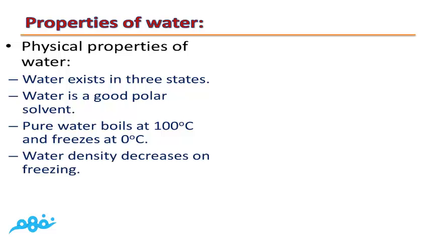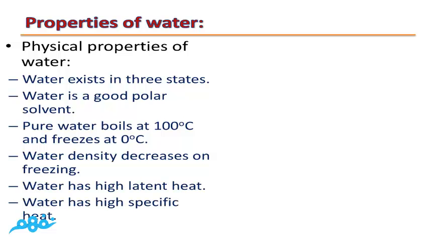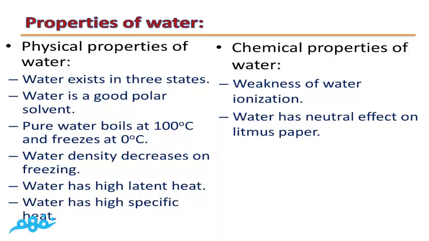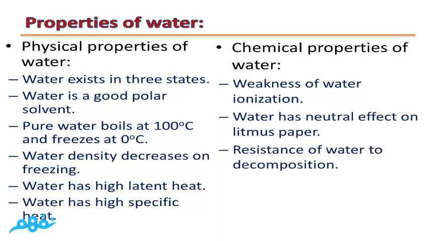Water density decreases on freezing. Water has high latent heat. And finally, water has high specific heat. Chemical properties of water. Weakness of water ionization. Water has neutral effect on litmus paper. And finally, resistance of water to decomposition.